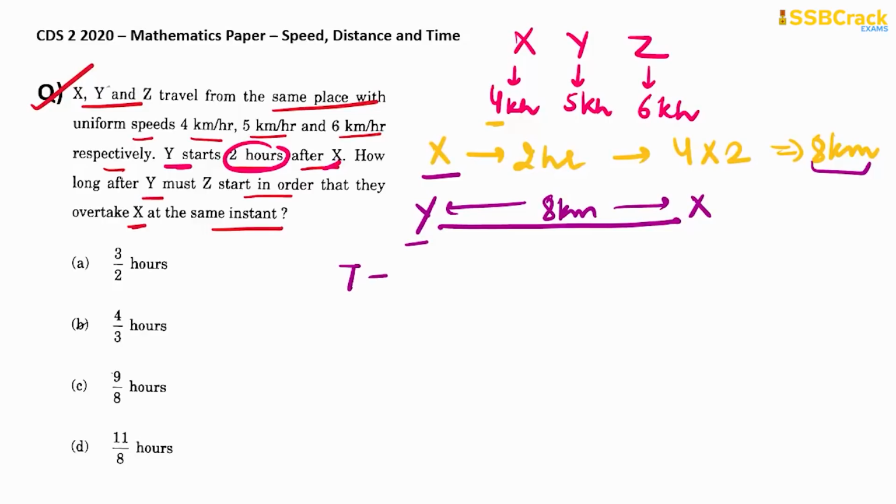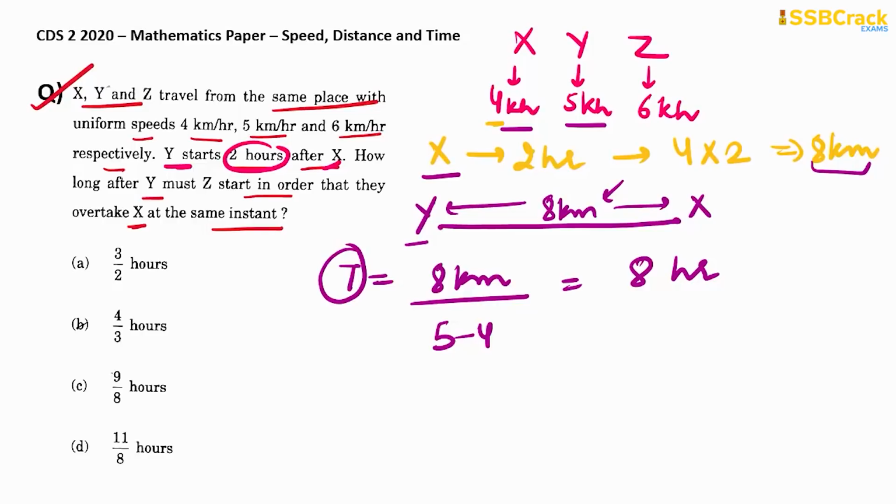Time will be equal to distance upon speed, and the distance to be covered is 8 kilometers, and here we have to take the relative speed. So relative speed will be equal to speed of y minus speed of x, that is 5 minus 4, which is 1 kilometer per hour, so time is 8 hours. So time taken by y to overtake x will be 8 hours.